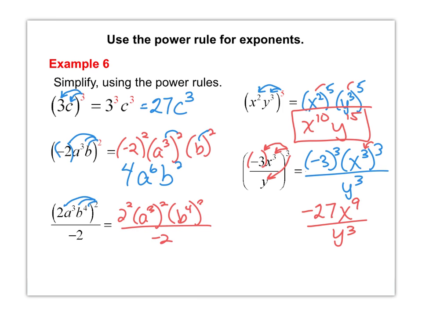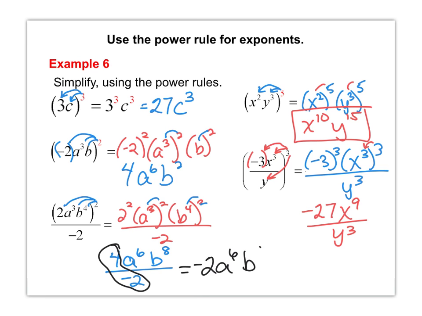When we simplify this, 2 squared in the numerator is 4. Power to a power here, we get a to the sixth power because we multiply those exponents together, and b to the fourth to the second power, you multiply those to get 8, divided by negative 2, and then our last step, we can simplify 4 divided by negative 2 and get negative 2, a to the sixth, b to the eighth.